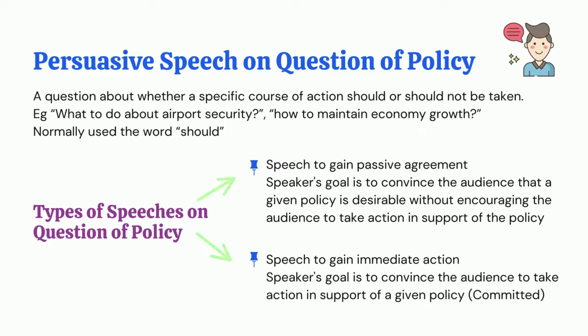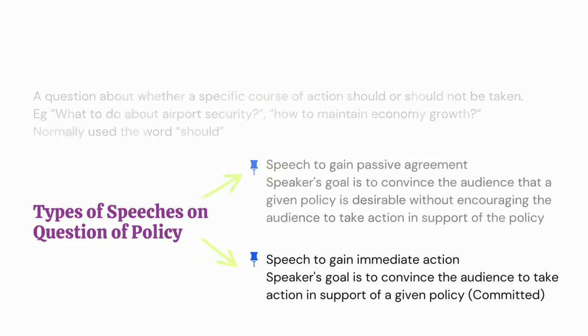One is speech to gain passive agreement, and the second is speech to gain immediate action. As for passive agreement, the speaker's goal is to convince the audience that a given policy is desirable without encouraging the audience to take action in support of the policy. As for the second, the speaker's goal is to convince the audience to take action in support of the given policy.